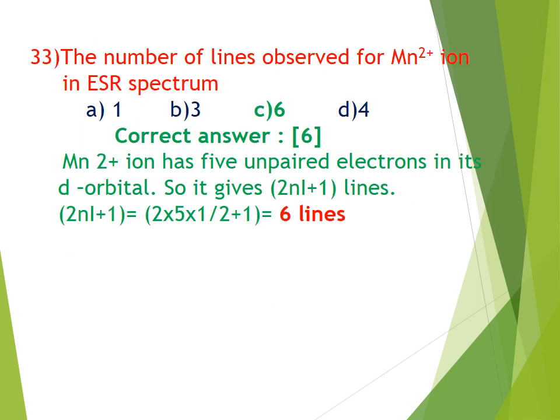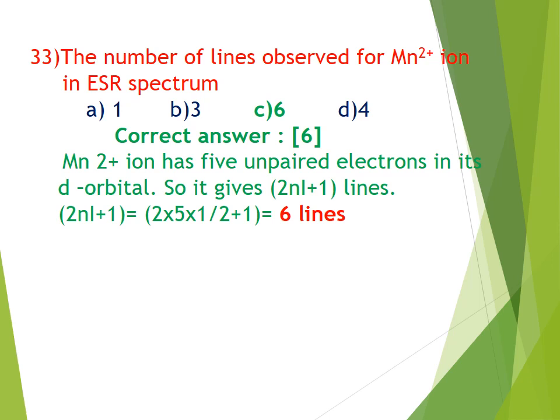33. The number of lines observed for Mn2+ ion in ESR spectrum. The correct option is C, 6. Here the Mn2+ ion has 5 unpaired electrons in its d orbital, so it gives 2nI plus 1 lines.